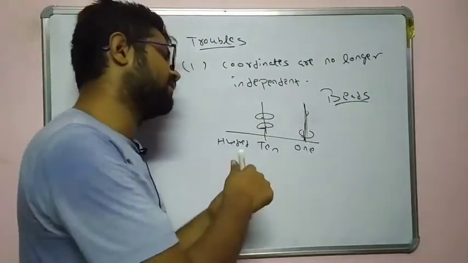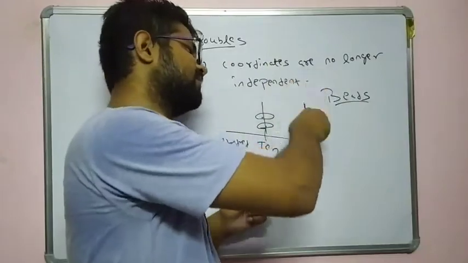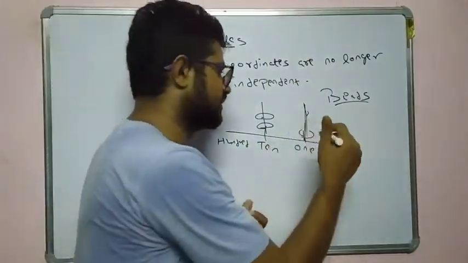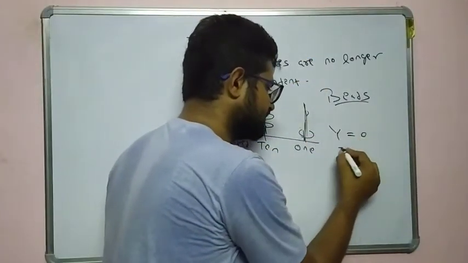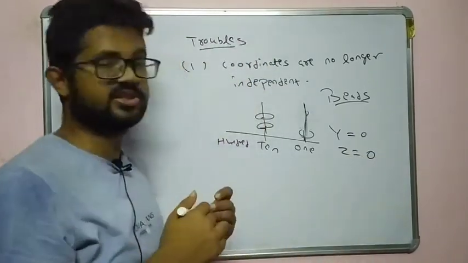The moment you place the beads in the x-axis direction, ultimately y and z become 0. So that is a restriction.